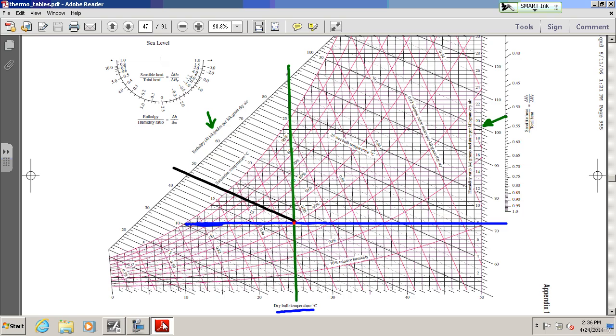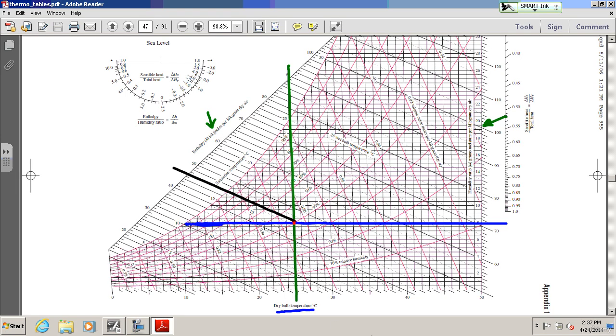By the way, everything here is at 1 atmosphere. If you have higher elevation, lower pressure, you have to have a new chart. And they do make charts for higher elevation, lower pressure. They make other charts. This book only gave you one, but I'm sure you could find lots of charts out there if you want to.